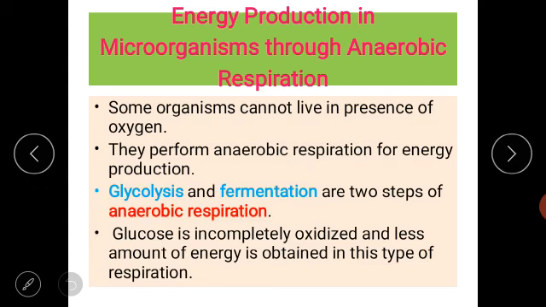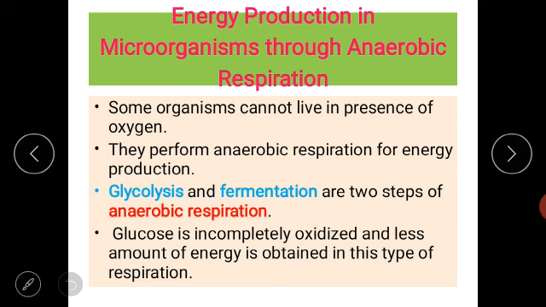Energy production in microorganisms through anaerobic respiration. First of all, aerobic respiration means respiration carried out by the organism in presence of oxygen. And anaerobic respiration is respiration carried out by the organism in absence of oxygen.